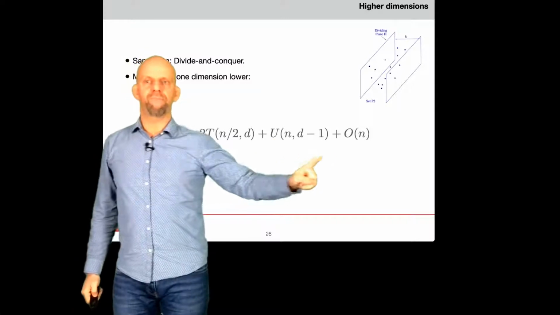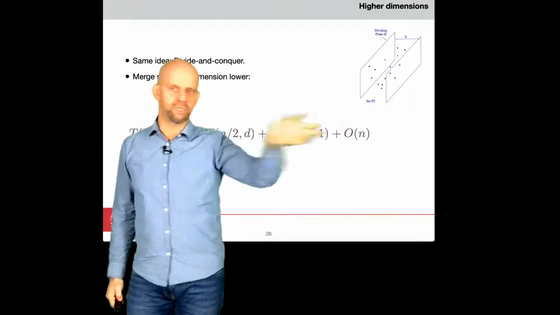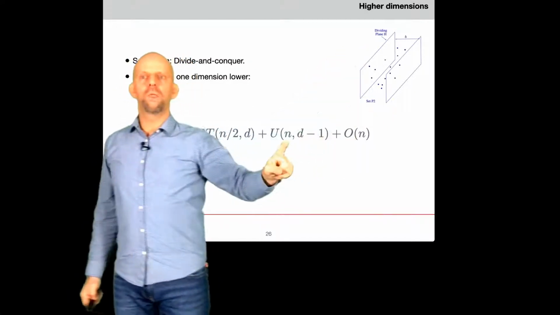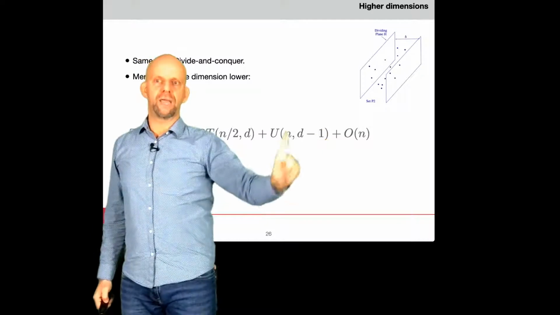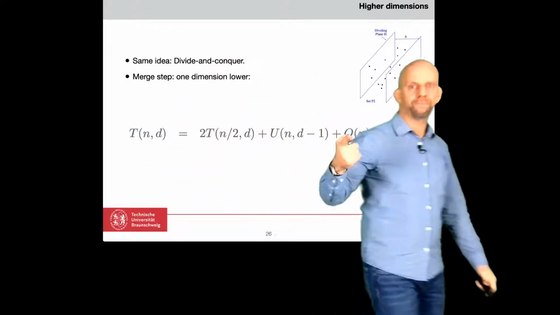And then there's some overhead for maybe median computation or sorting these things into the appropriate sets, and so on. Then you get a sub-problem on the slab, which is one dimension lower, but can be sized linear in n.